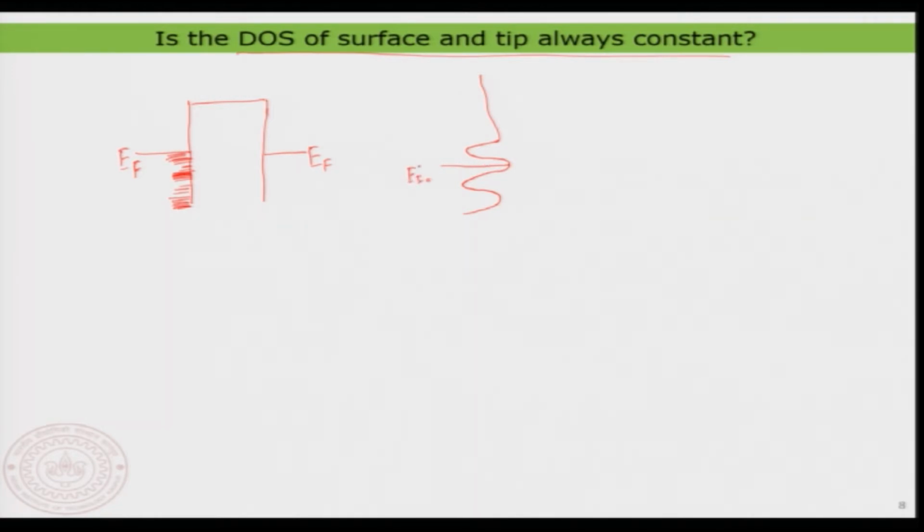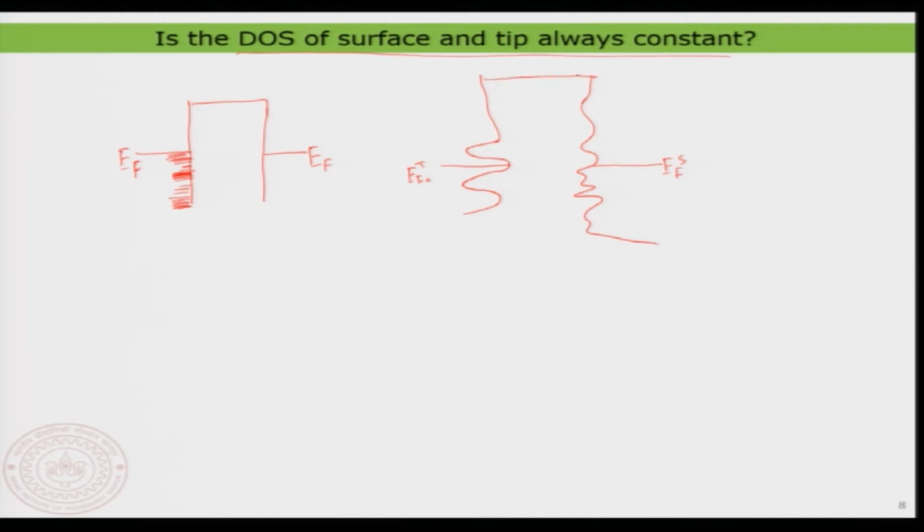This is just the tip. When I take my sample, I can also have a varying density of states that could look somewhat like this. Again somewhere here is the Fermi level of my sample, and somewhere up here I have my barrier.